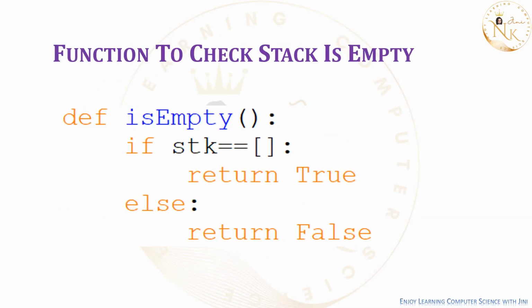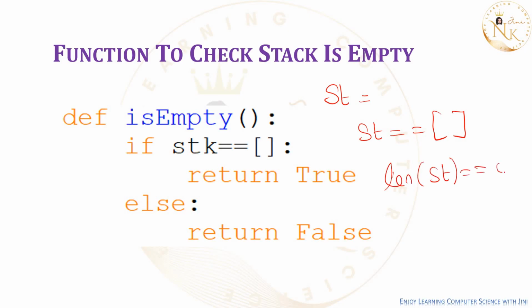Now, how will you check whether the stack is empty? Very simple. If the name of the stack is ST, you check if ST == [], or if the length of the stack == 0, then it is empty.